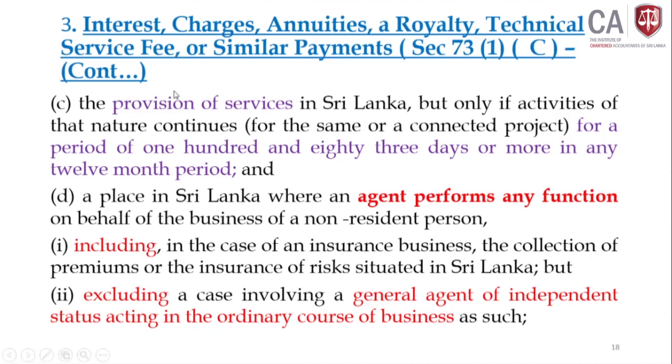It is for the provision of services in Sri Lanka, but only if activities of that nature, that means that service nature, continue for the same or a connected project for a period of 183 days or more in any 12 month period. If the provision of any service continues for 183 days or more in Sri Lanka, then it is considered as an SLPE.